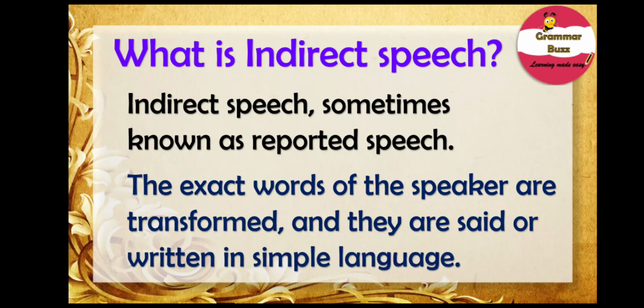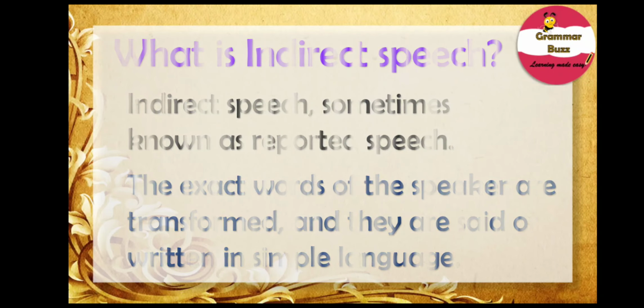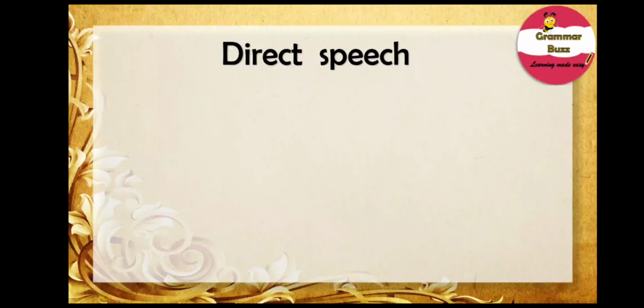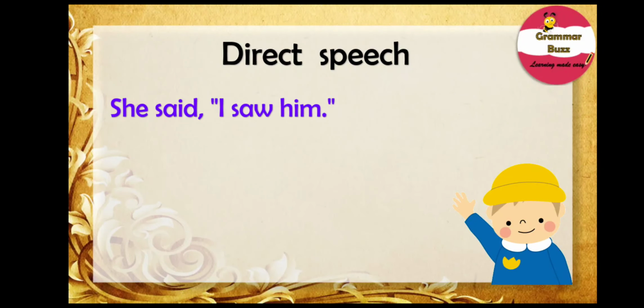Now let us try and understand direct and indirect speech through some examples. Our example sentence is: She said, "I saw him." This is direct speech. Note the sentence is within quotation marks, and the quotation marks are used to show exactly what was said by the speaker. Speech marks are positioned at the start and the end of the actual words that were said by the speaker.